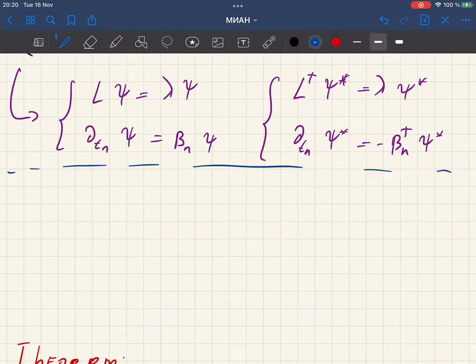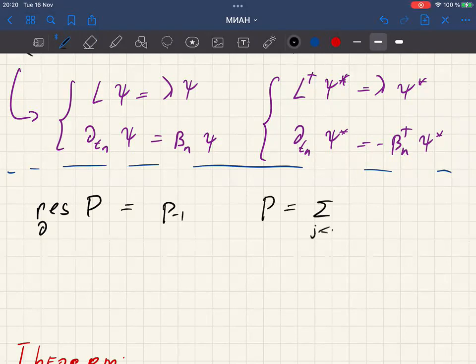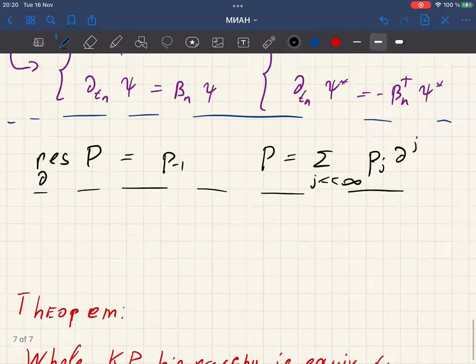First of all, let me introduce two types of residues. First, the residue with respect to d of some operator P. It is equal to P_-1, where P is the sum of Pg d^g, with g less than infinity. This is a very natural definition of residue.